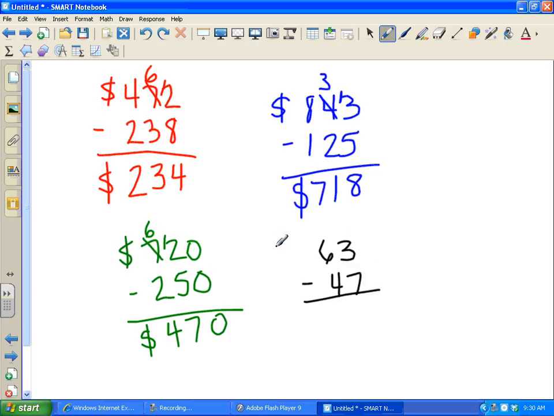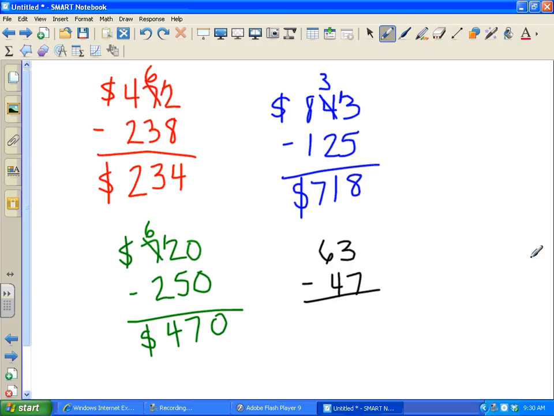Okay, pencil and paper for this one, 63 minus 47. Let's see. Jeremy, come on up to the board, and I'm going to let you work this one. Come on down. Just pick up one pen. Okay. Now we've got what? 3 take away 7.